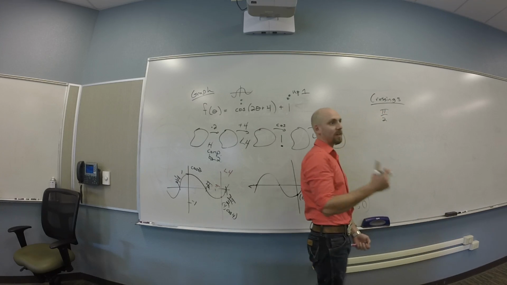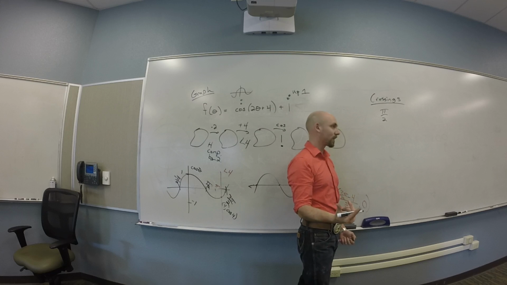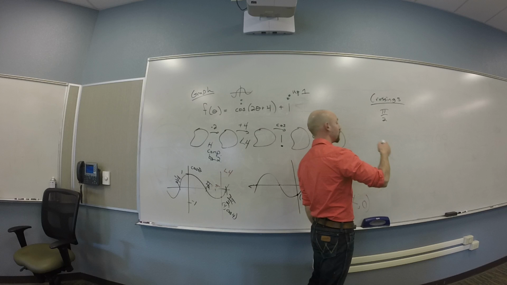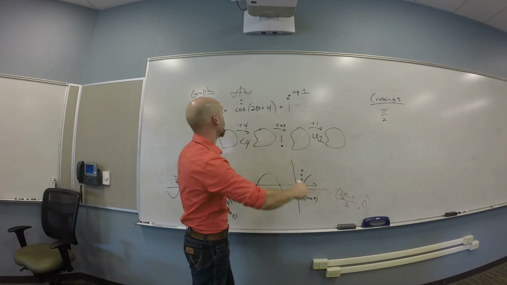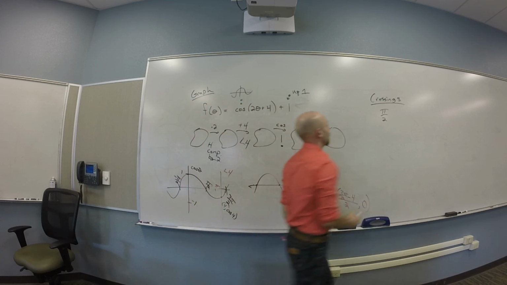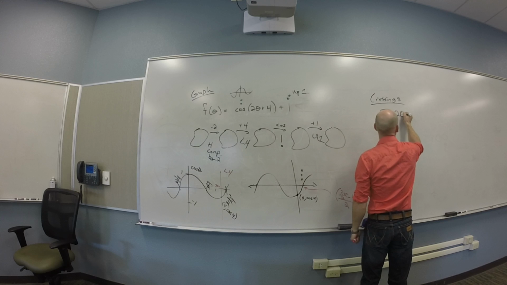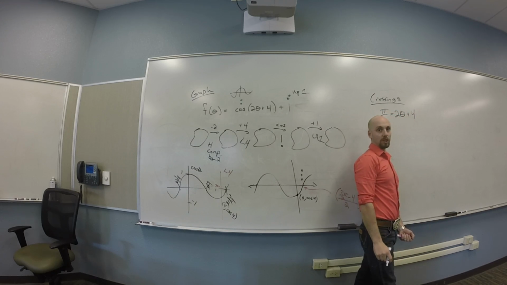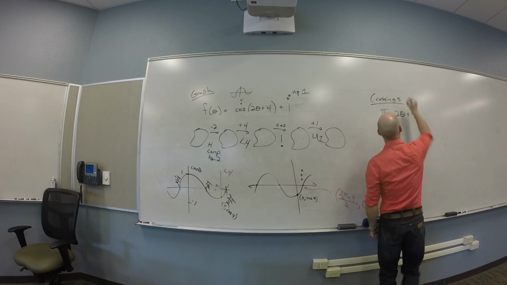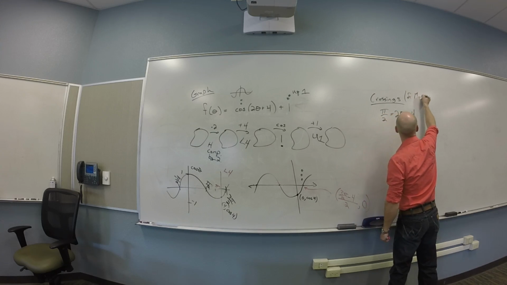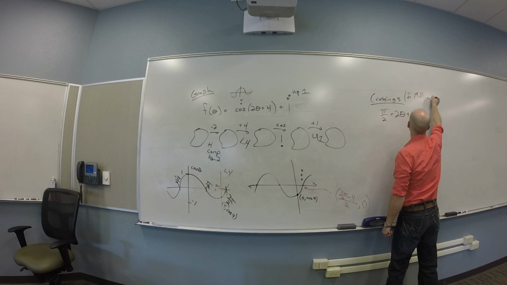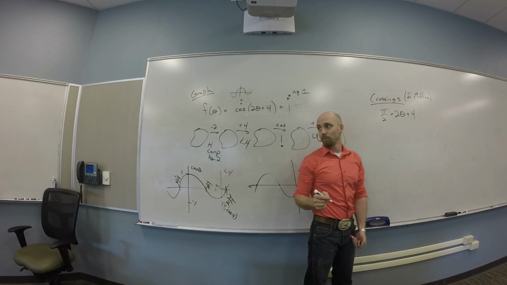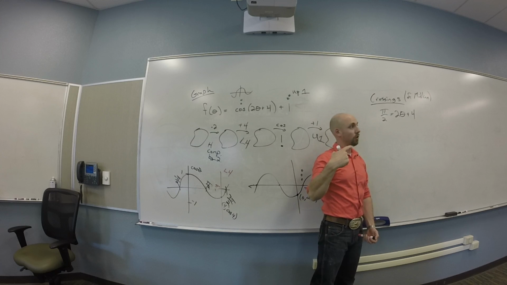I'm going to lose the fact that it's the first crossing right of the y-axis, but it's still going to be a crossing. Right, it's still going to cross the midline then. So I'm going to take that pi over 2, and I'm going to set it equal to 2 theta plus 4. You guys see that? And really I should maybe say that these crossings are at the midline, right? Okay, so now, can you solve for theta here?